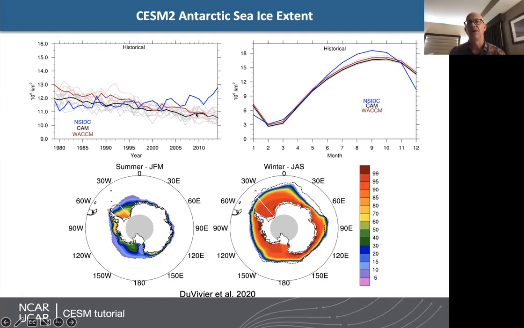It wants to respond to global warming, and it really wants the ice to go away in the southern hemisphere. This is common across all the CMIP models. It's because essentially there are missing processes within the sea ice in the southern hemisphere that are leading to this problematic simulation of the southern hemisphere.